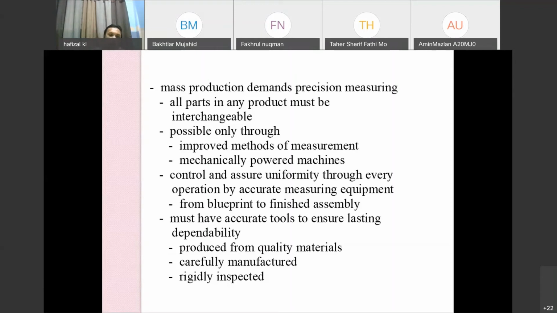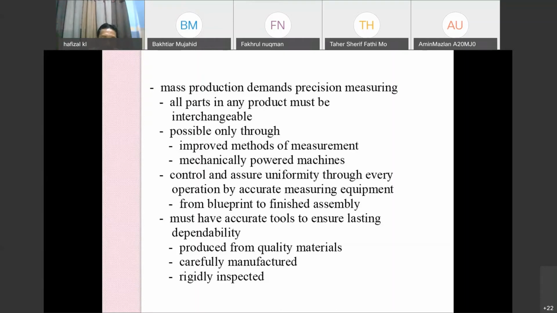In the production line, we need to make sure of accurate measurement and testing of the product, from the blueprint or the objective of our product. We must have accurate tools to ensure lasting dependability, and products made from quality material, carefully manufactured.